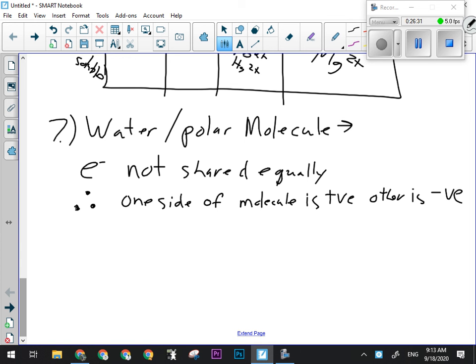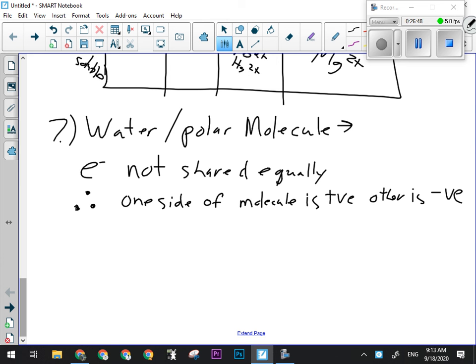So this is what it means to be a polar molecule. Electrons aren't shared equally. As a result, one side of the molecule is positive, one side of the molecule is negative.